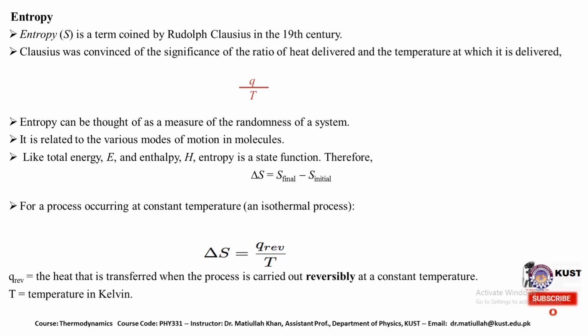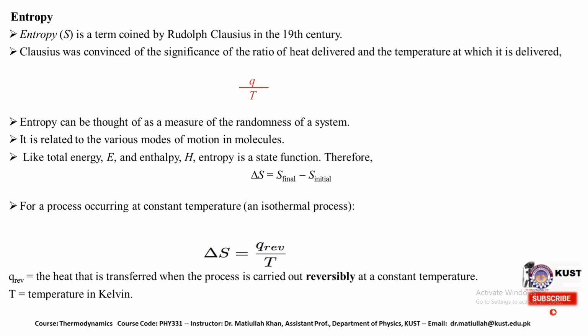So entropy can be thought of as a measure of the randomness of a system. It is related to the various modes of motion in a molecule. Just like energy and enthalpy H, entropy is a state function, therefore del S is equal to S final minus S initial.